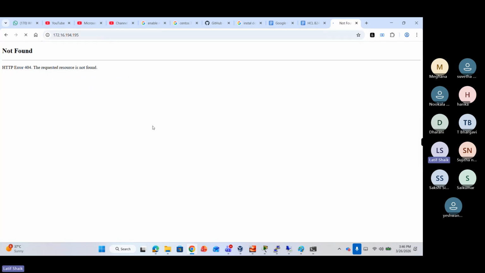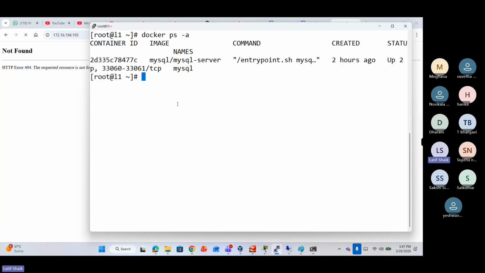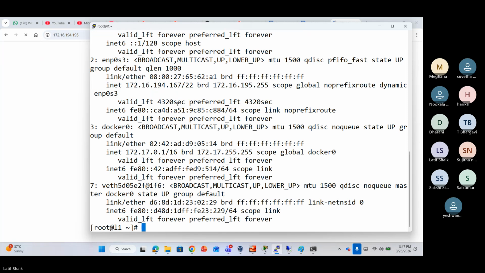Okay. So you'll get a different kind of output because that remote server, yeah, I got another system, right? That is this system's IP address, 167.